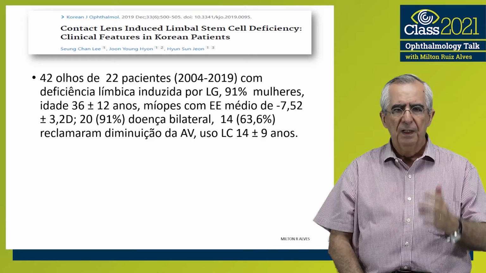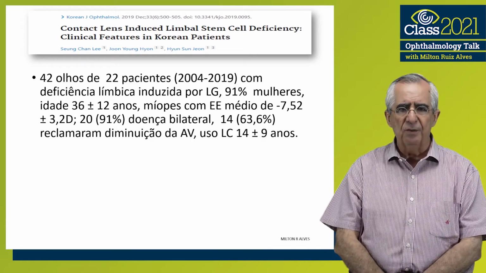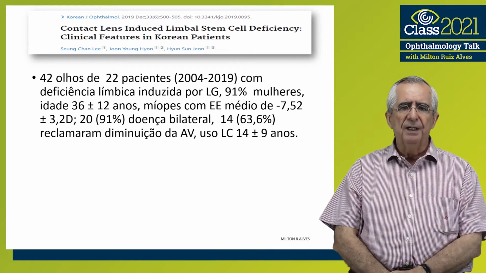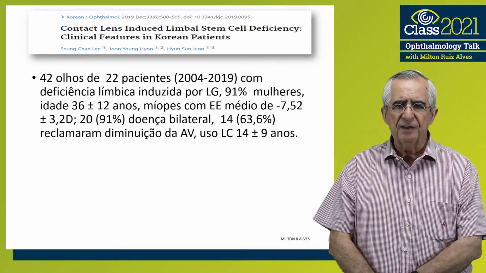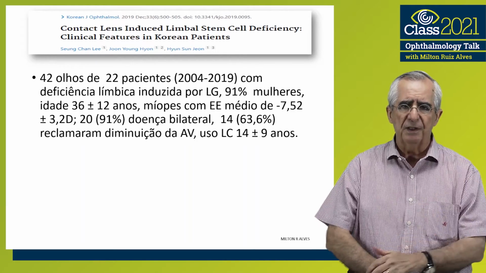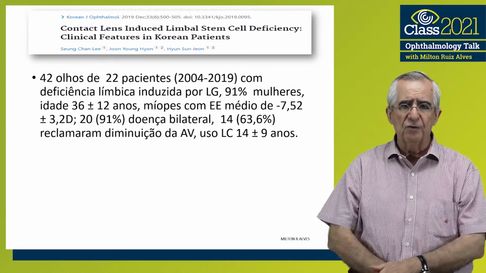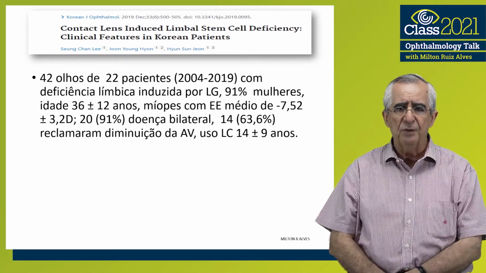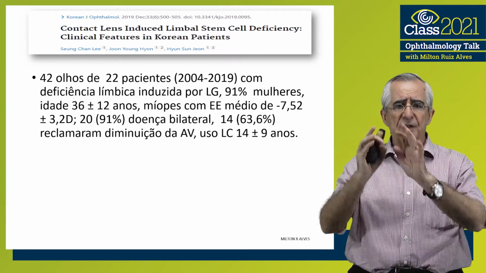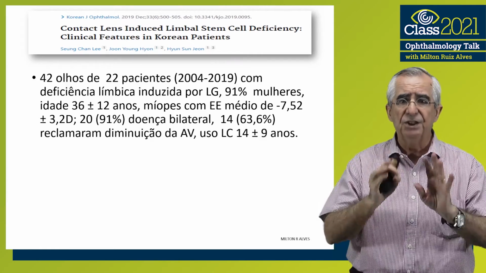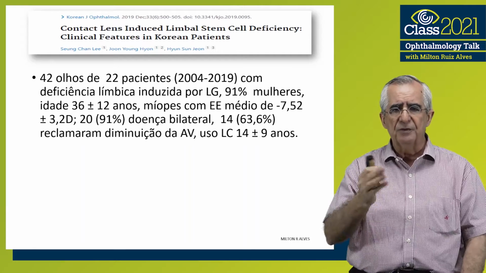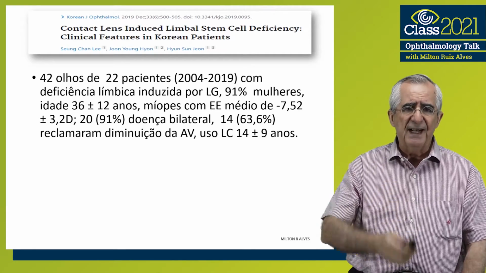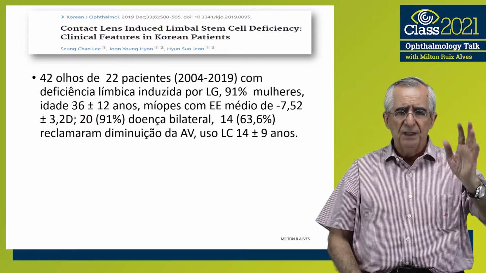And now we highlight the work of Lee and his collaborators, who report limbal stem cell deficiency in Koreans, 42 eyes of 22 patients, selected between 2004 and 2019. Limbal stem cell deficiency induced by contact lenses, 91% of patients were women at age 36 years with a variation of plus or minus 12.